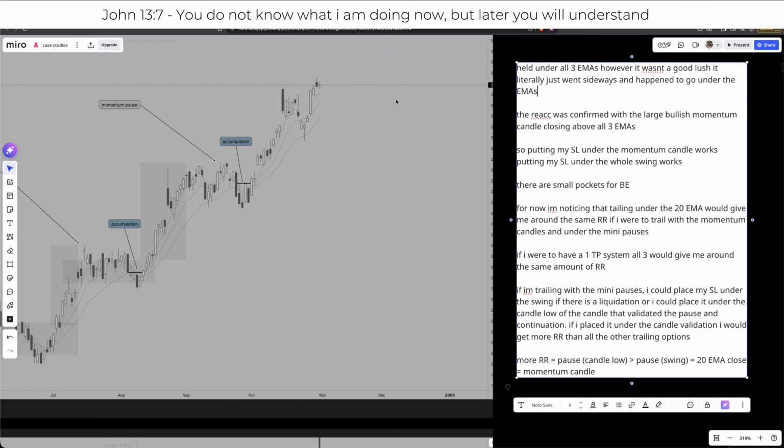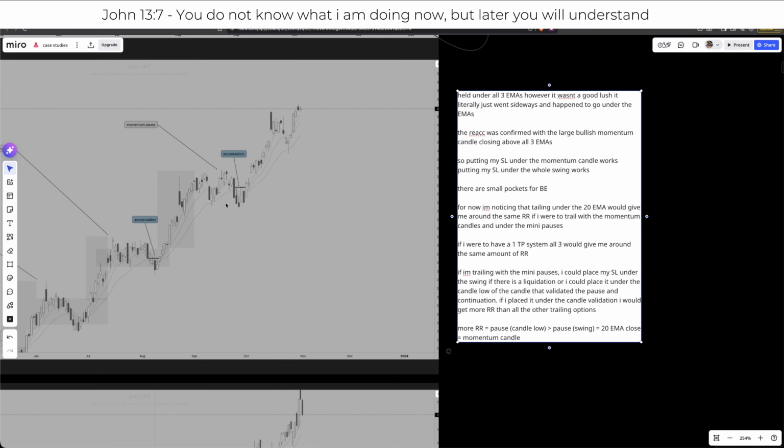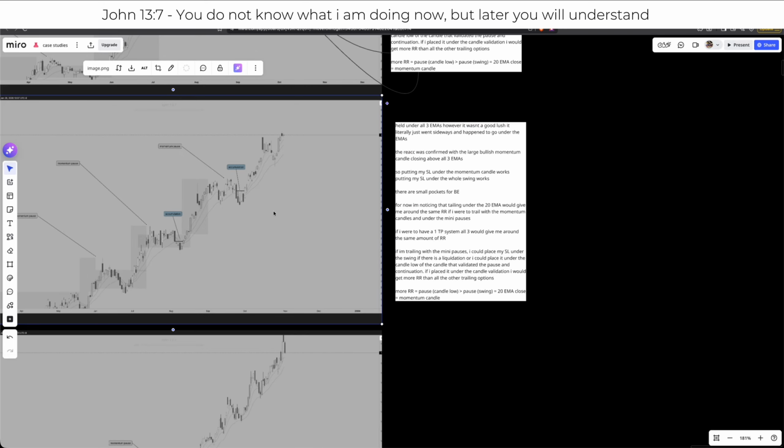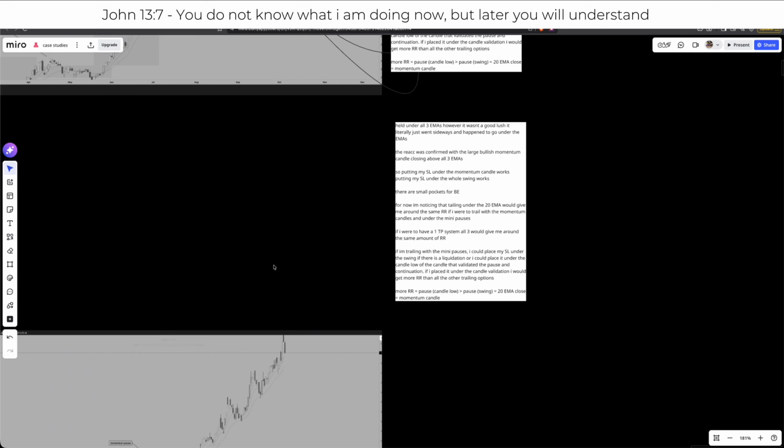So I usually cut that off. We'd probably get a lot less with the 20 EMA close. But I just don't think I'd enter this trade. This is something that I don't like. I don't like this, so I'm probably just going to delete this guy. That's an entry I do not want to take.